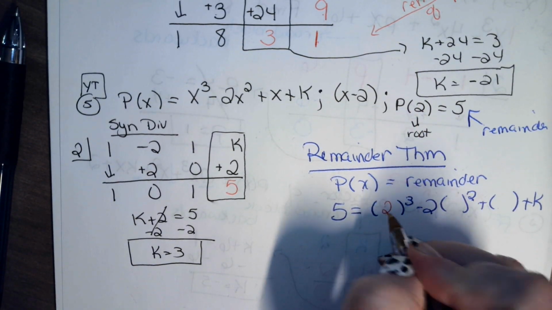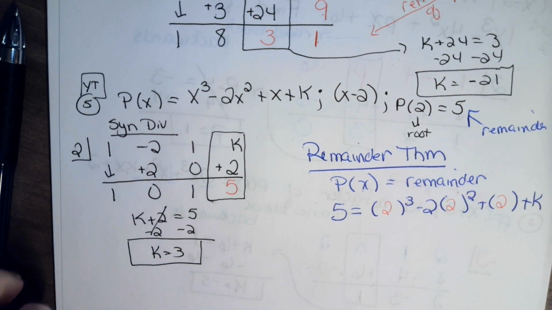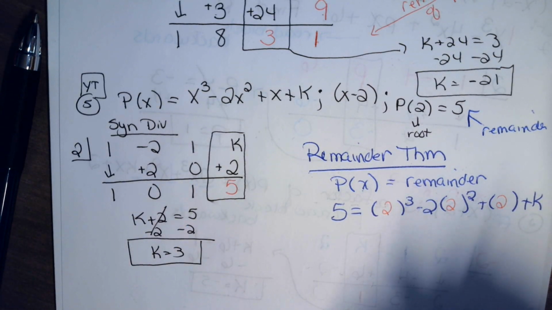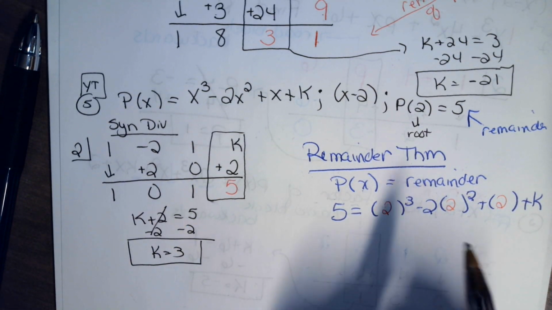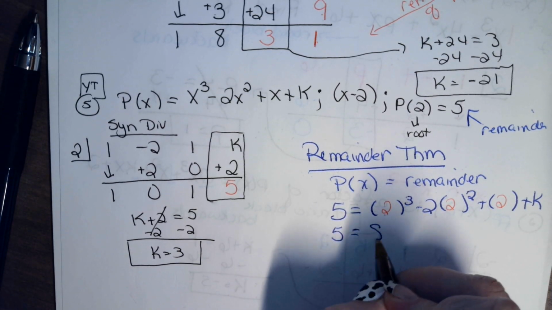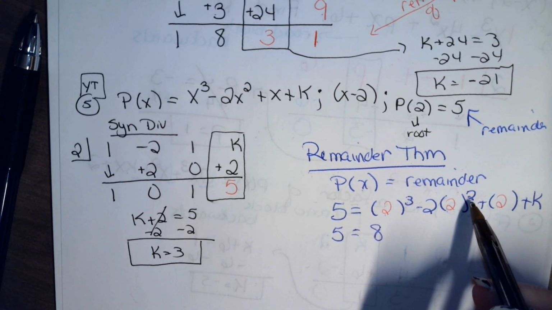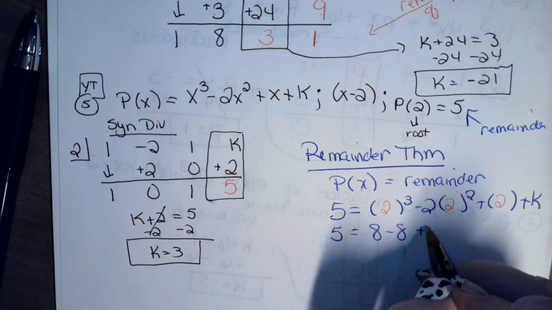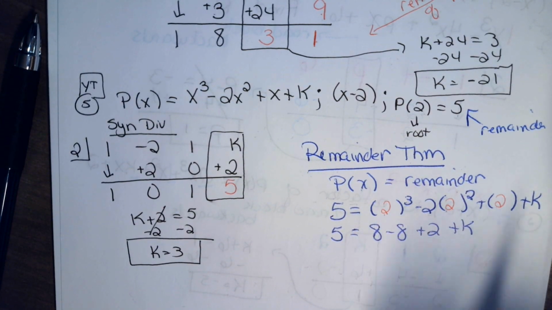So my root here is 2. Alright, so let's see. 2 times 2 times 2 is 8. 2 times 2 is 4 times negative 2 is negative 8. Then we got plus 2 plus k.